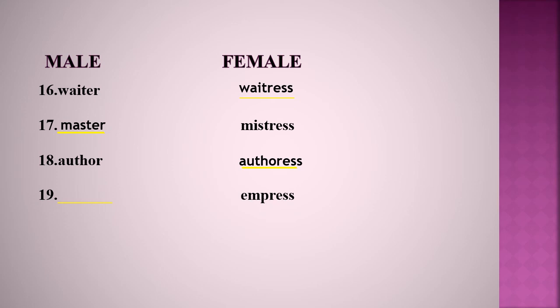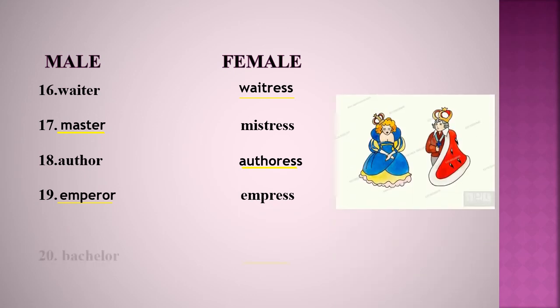You have to write its male. Emperor. 20, bachelor. You have to write its female. Spinster. Bachelor means a male who is not married, and spinster means a lady who is not married.